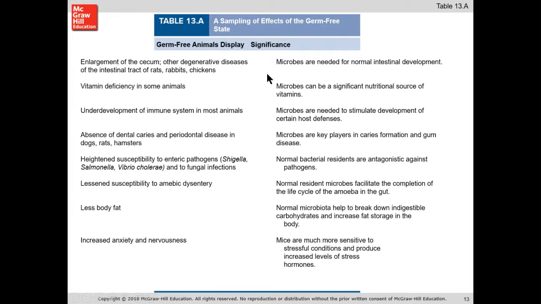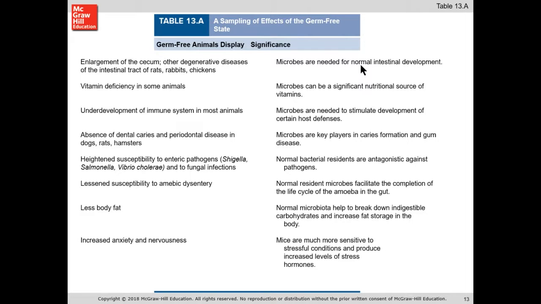This column right here, and then this is the significance of that, like why is that a problem? So enlargement of the cecum and other degenerative diseases of the intestinal tracts, and that's a problem. The reason that happens is because microbes are needed for normal intestinal development. So isn't that interesting? Just by having no microbes, the intestines don't develop properly.